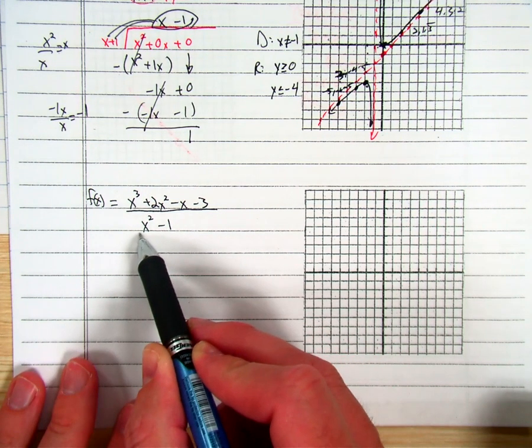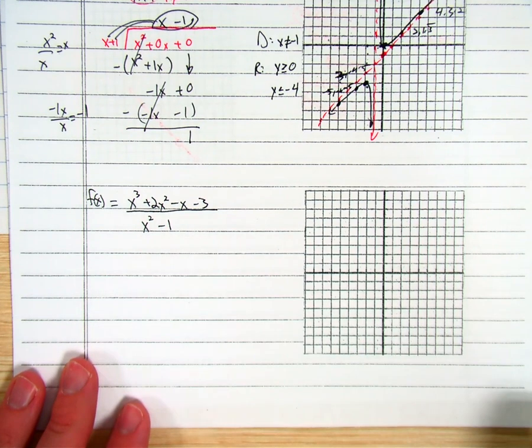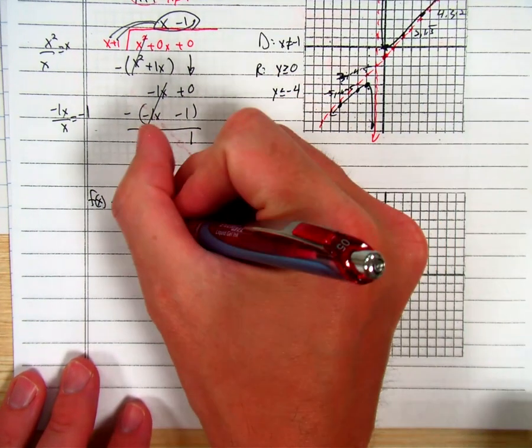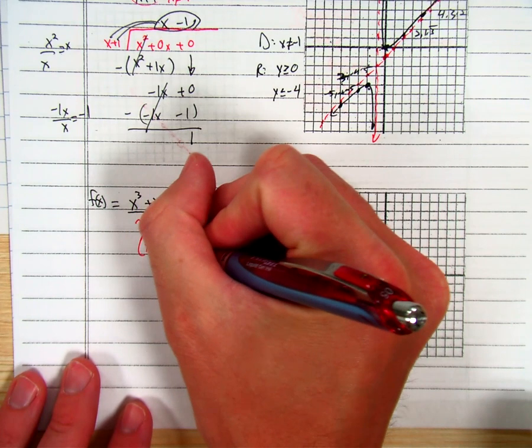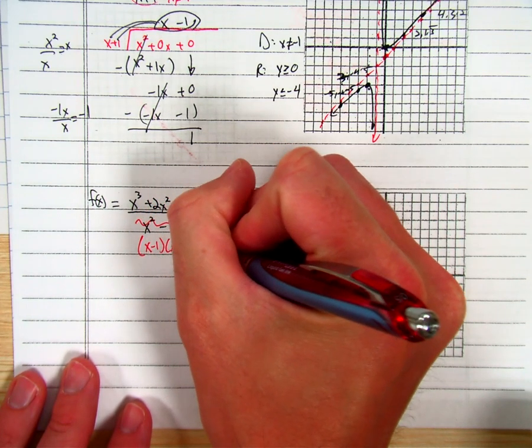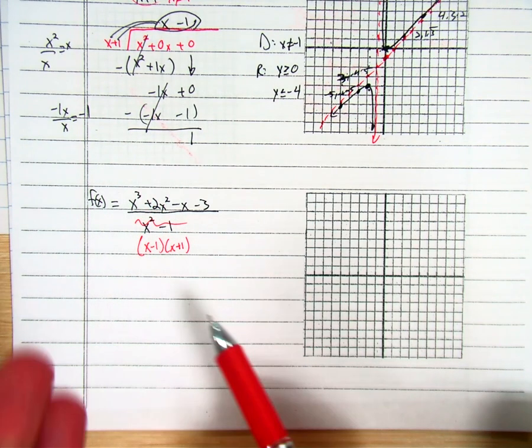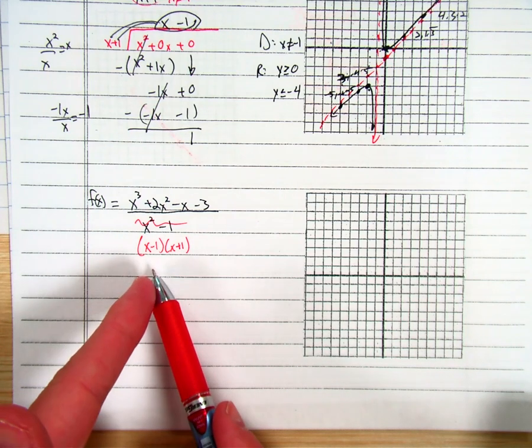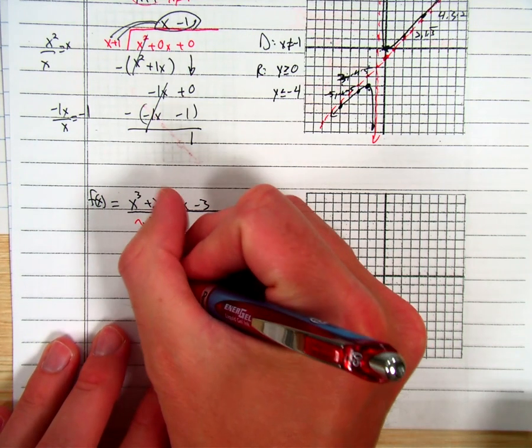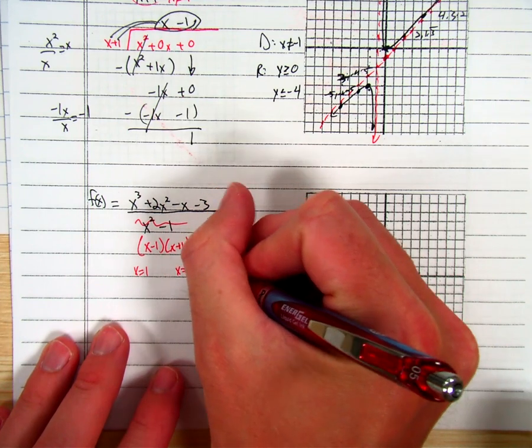Okay? X squared minus 1 on the denominator, we can factor that to x minus 1, x plus 1. Okay, that means we'll have vertical asymptotes at 1 and negative 1.